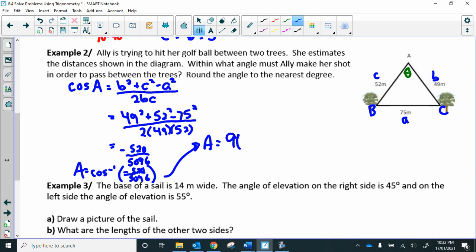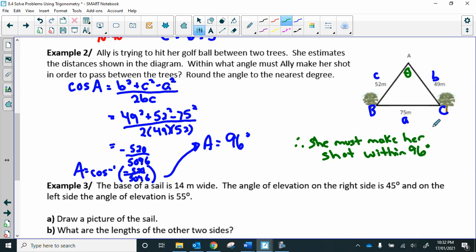It's going to be 96 degrees. So therefore, she must make her shot within 96 degrees.